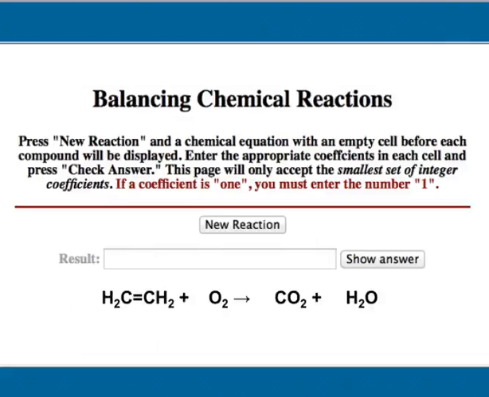All right, as I look at this, we have 2 carbons on this side. We have 1 carbon on this side. Odd even thing, right? So let's double our CO2s. Now we have 1, 2, 3, 4 hydrogens here.